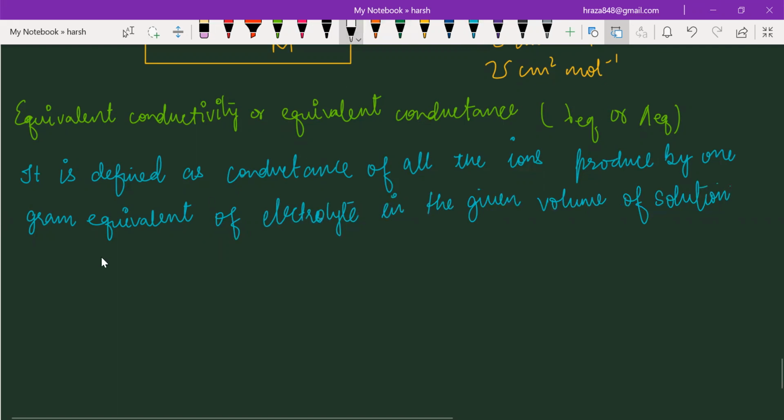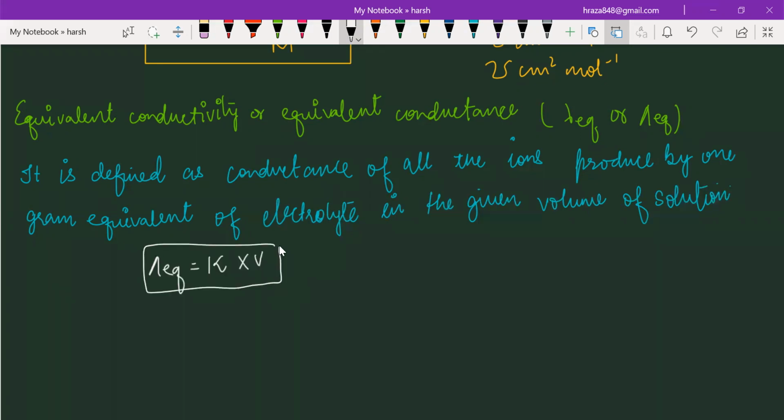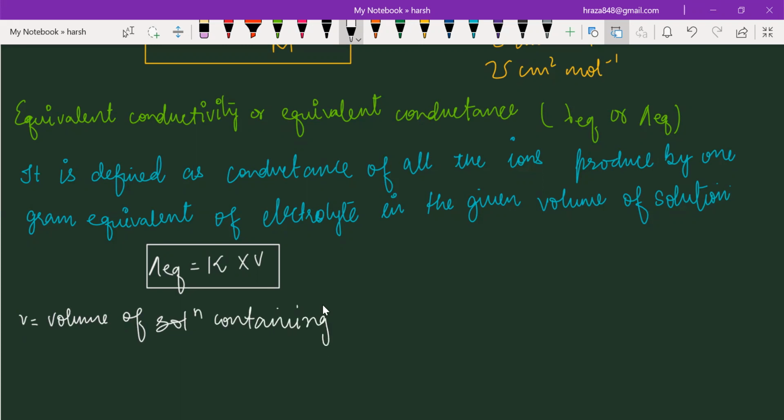Now you can see that lambda eq will have the same formula, kappa into volume. V is the volume of solution containing 1 gram equivalent of electrolyte.